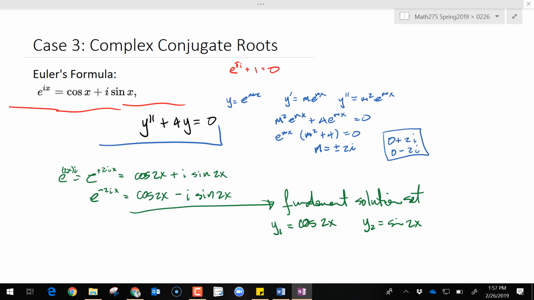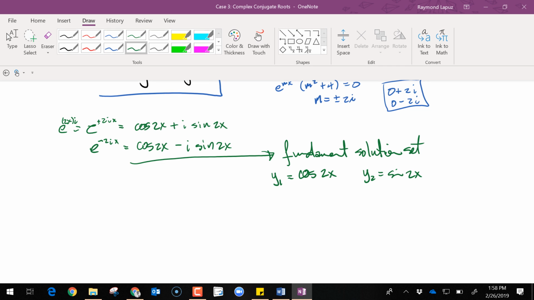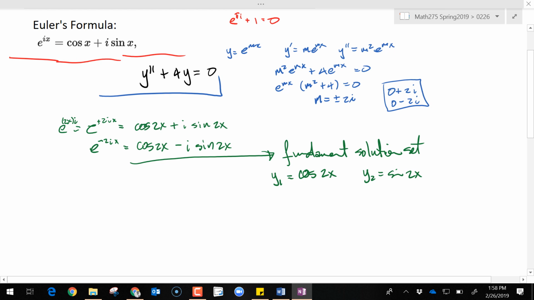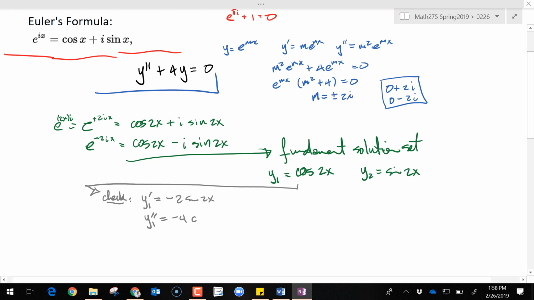right? So let's quickly do that. So we need a couple of derivatives, y1 prime. The derivative of cosine is negative sine, right? Negative 2 sine 2x. y1 double prime: the derivative of sine is positive cosine, so negative 4 cosine 2x. And we'll put that into the differential equation.